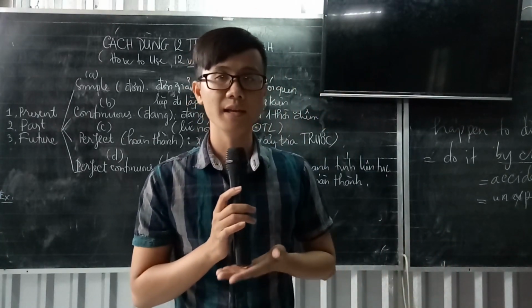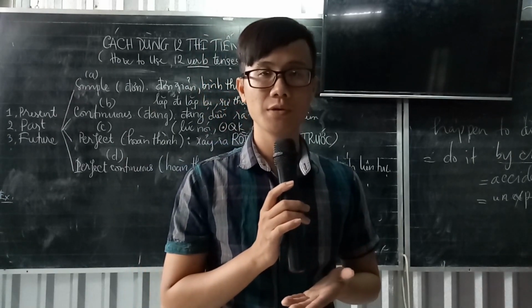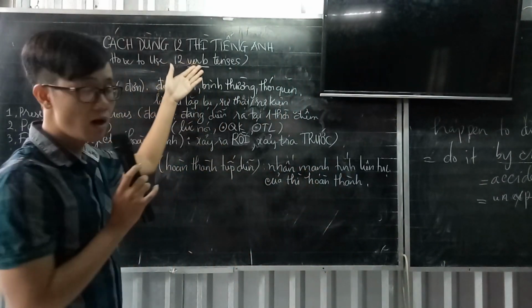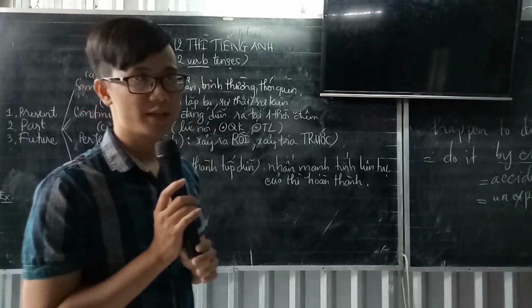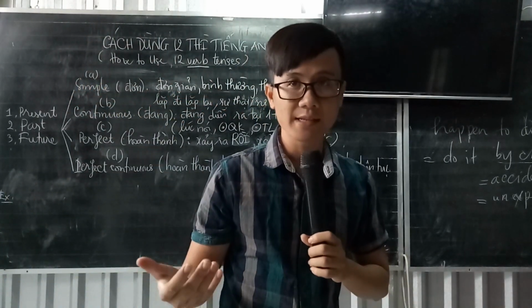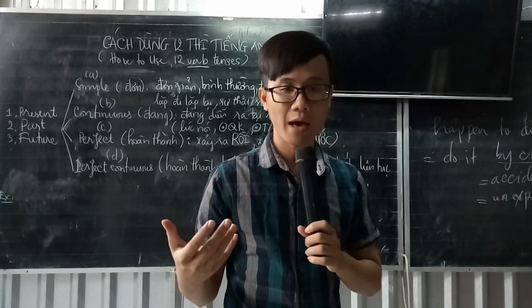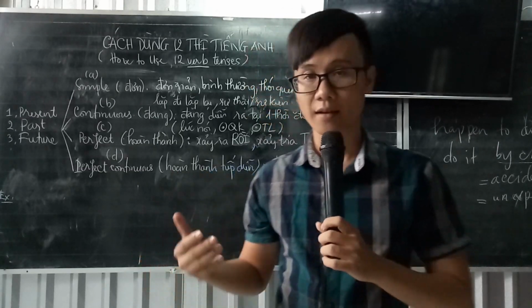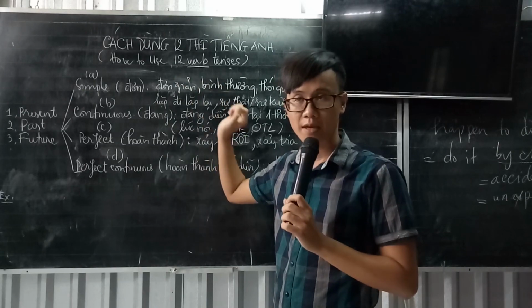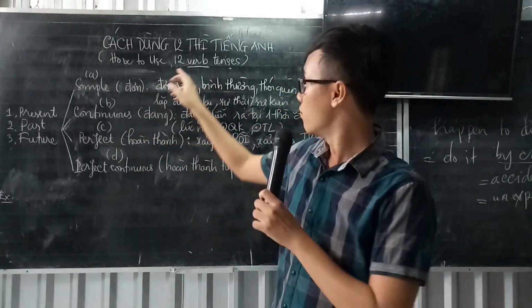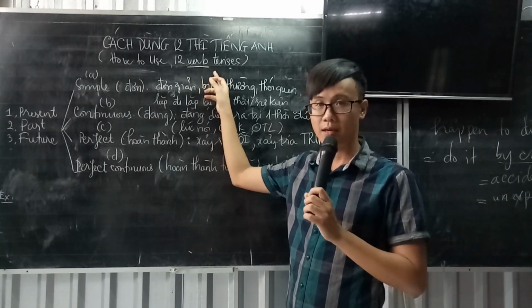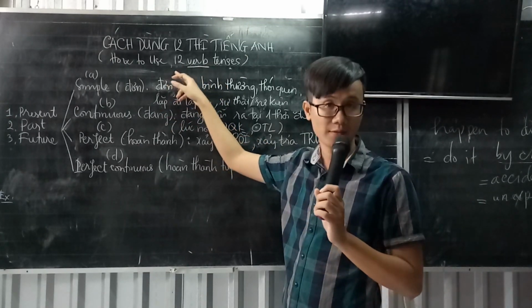Because English wants to use the verb in the correct tense, which means they would like to convey the right idea about the time of the action of the verb. So we need to understand how to use verb tenses correctly. And here, 12 verb tenses.